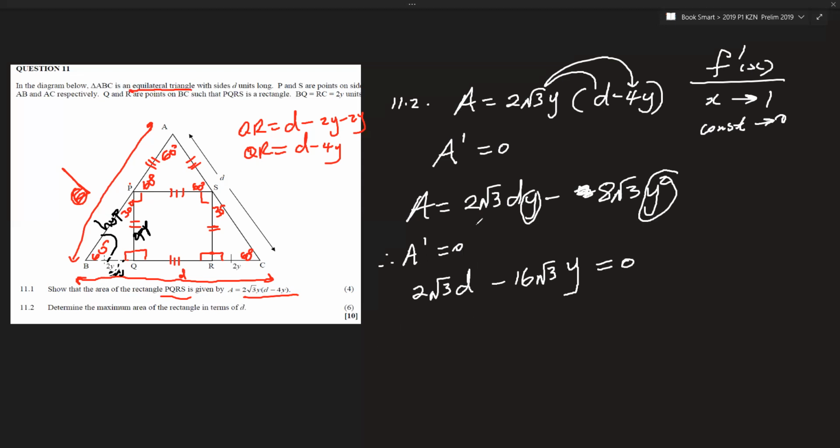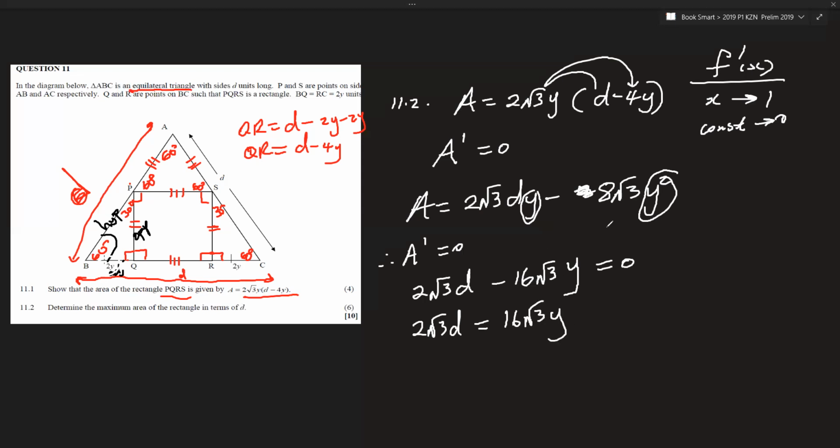Now I need y to be alone, because I need to substitute into the original formula, because they said with respect to d. So I'm going to isolate y here, so that those y's are going to be replaced. So I'm going to say 2 root 3 d is the same as 16 root 3 y.